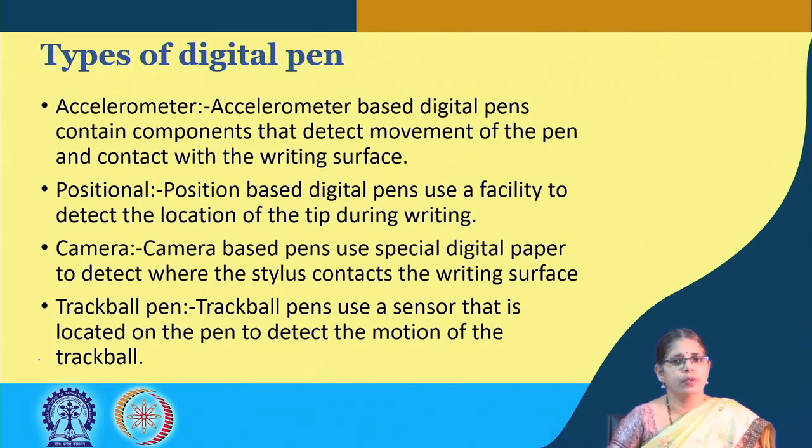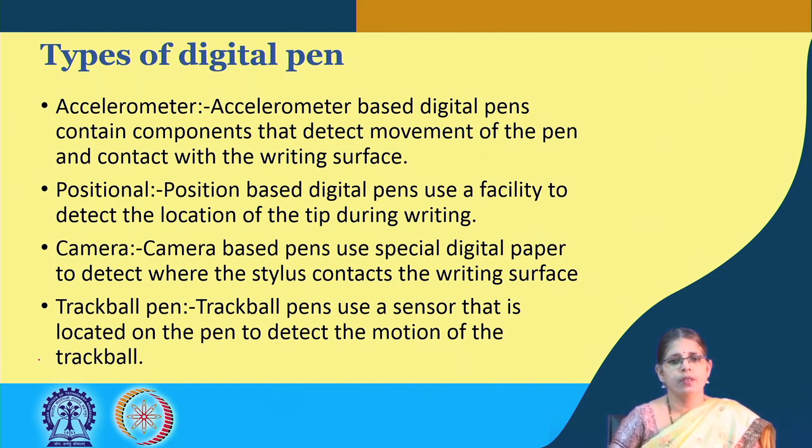What are the different types of digital pen? There are various changes that have happened in relation to the digital pen based on its use. Some are used as a general writing instrument, some are in relation to specific implementations. Then you have the smart pens, you have special purpose pens, and then some of these are also used in the medical area, where there is also a need for use of these digital pens.